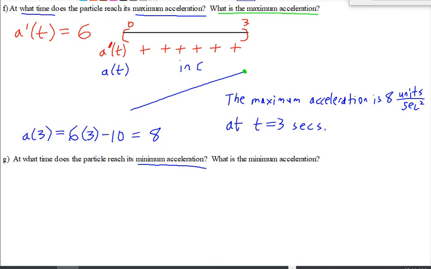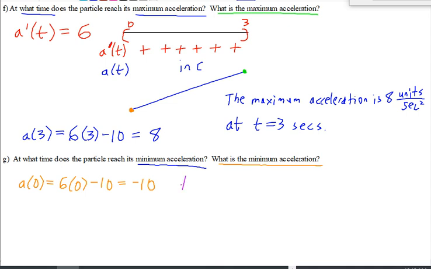And then for the minimum acceleration, you can see that would have to be at this endpoint of 0, but you still need to find what is the minimum acceleration. So you find a of 0. So you just plug 0 into the position function. Sorry, the acceleration is 6 times 0 minus 10 gives you negative 10.